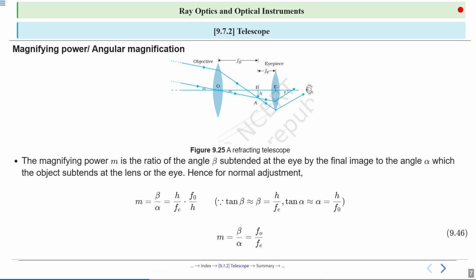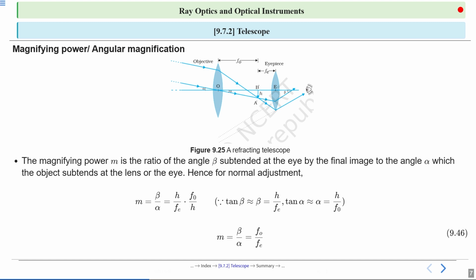You can see in the diagram, tan theta is equal to perpendicular upon base, so tan beta here is h upon fe, and tan alpha here is h upon f0. Since angles beta and alpha are small, we use the approximation that tan theta is approximately equal to theta for small angle theta. Now put the values of beta and alpha in the expression, and the magnifying power M finally comes out to be f0 by fe.